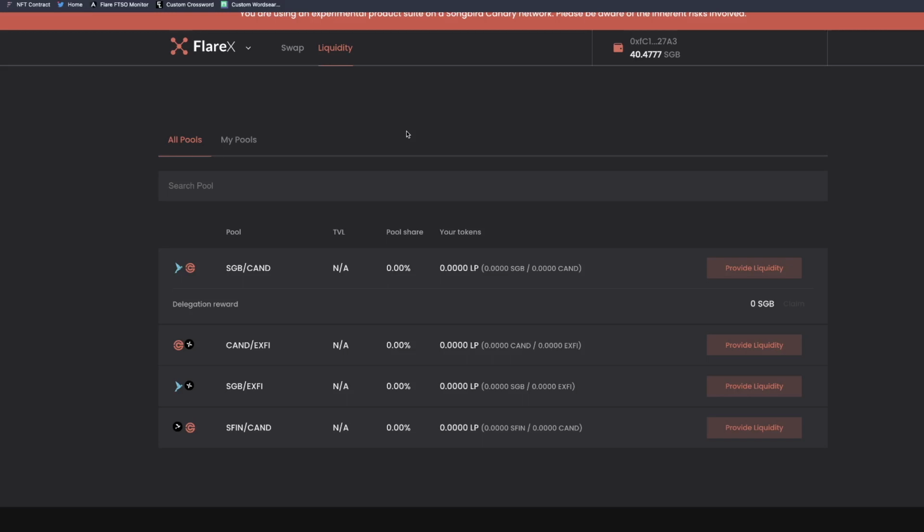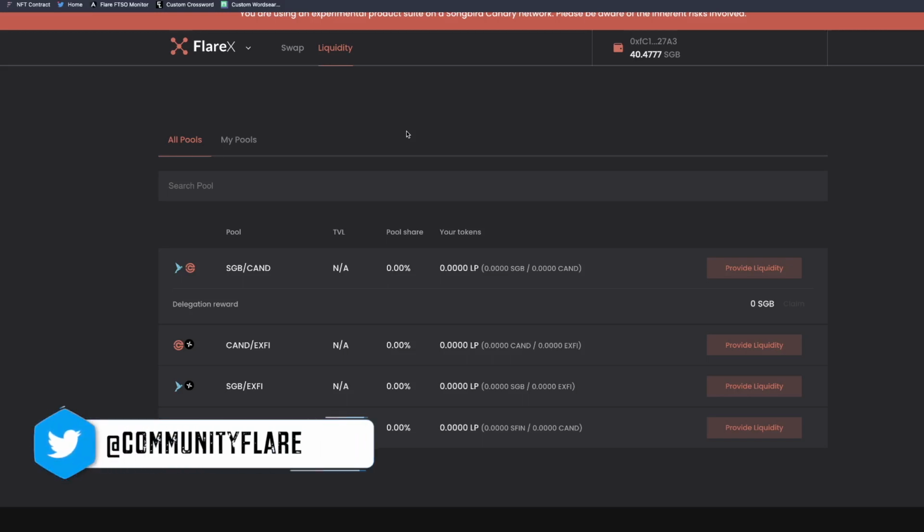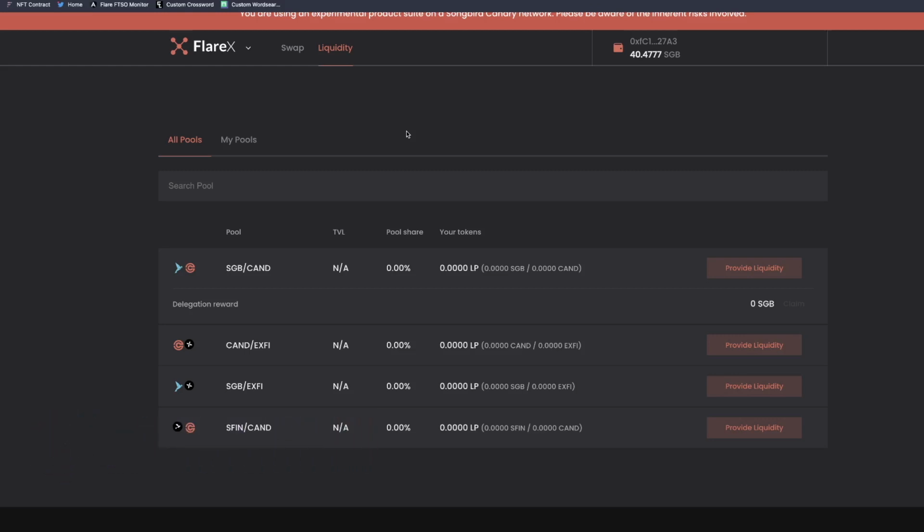Now, this liquidity is dual-sided, meaning there's two tokens that you need to add in order to provide liquidity. In exchange for providing these tokens, you will receive what is called a liquidity pool token. Now, this liquidity pool token represents your share of the pool.